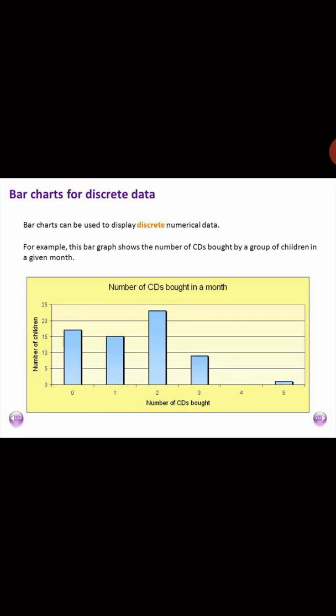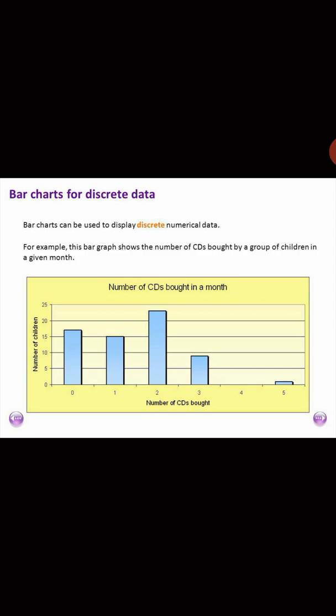Now let's see, as per the type of the data, which is the suitable graph which can be plotted for the given data. If the data given is a discrete data, that means it's not dependent on others. It's an individual number. They are simple whole numbers.